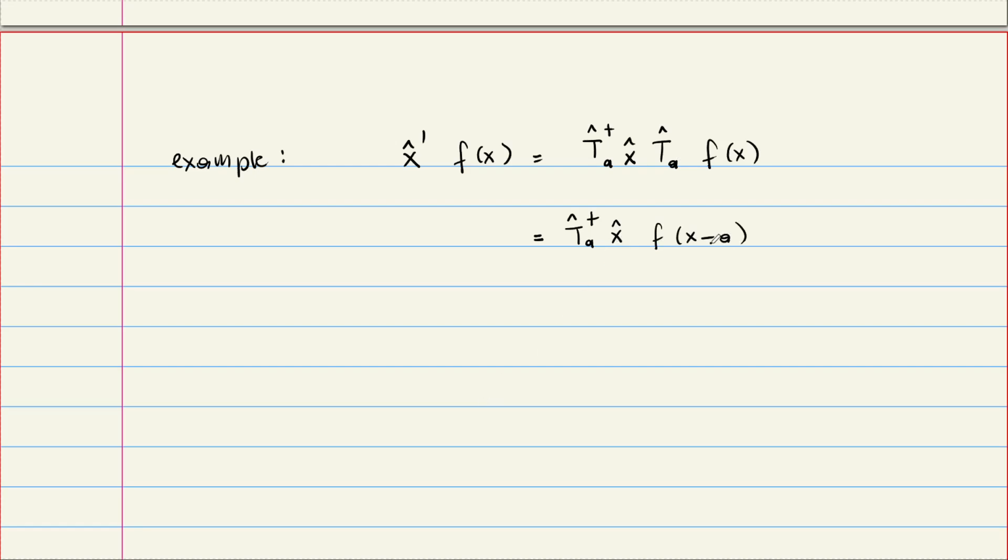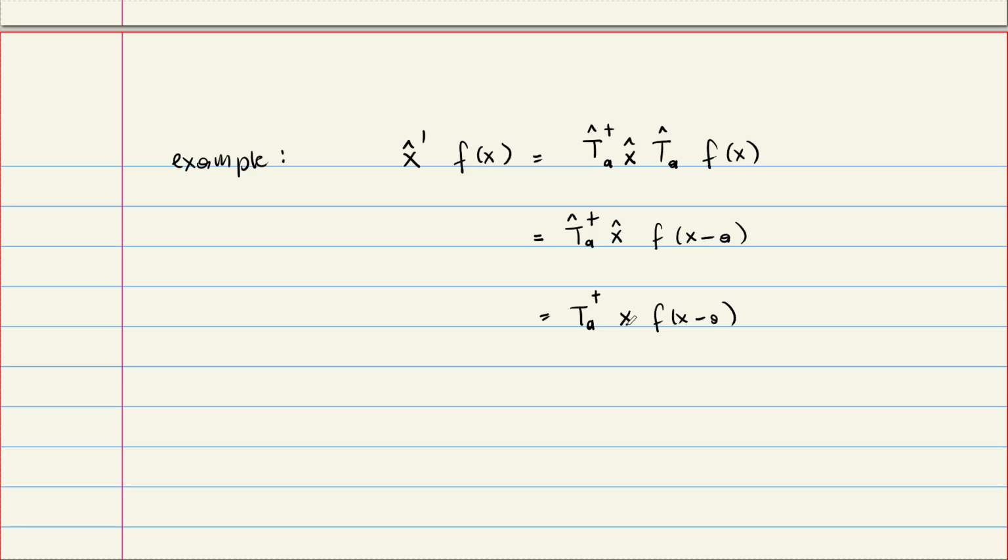Now this x is hitting on something x dependent, right? And it's just going to give whatever x dependence is. This is going to be T A dagger x times f of x minus a. Now I am applying this T dagger to the entire thing, and T dagger is what?